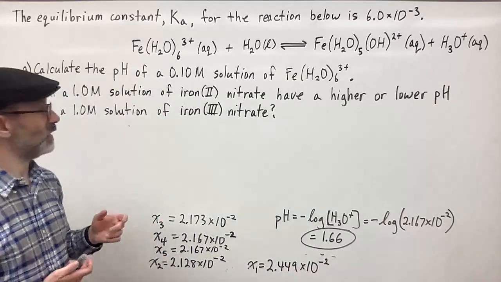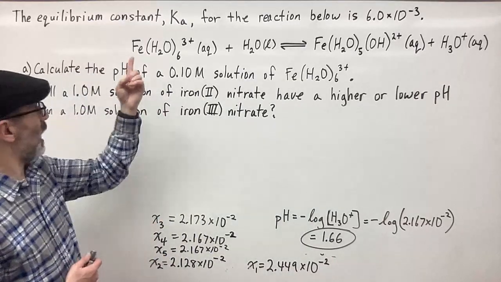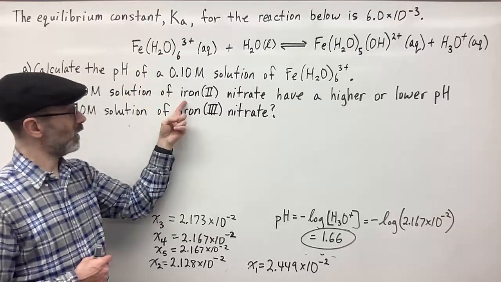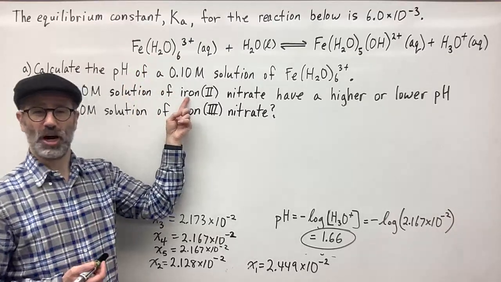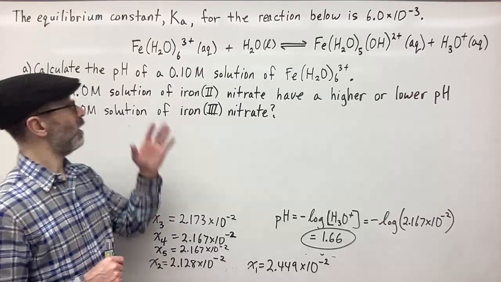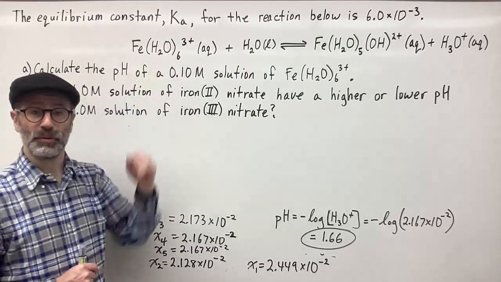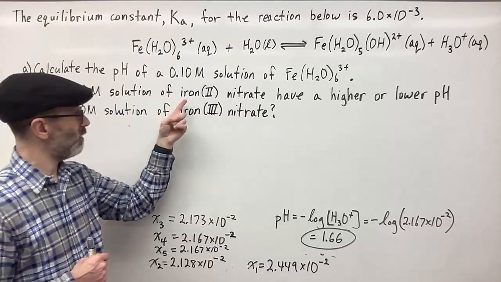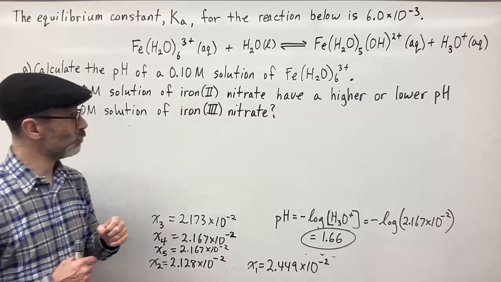And the question is, if the iron forming the complex has a positive 2 charge or a positive 3 charge, would the solution be more or less acidic depending on whether you have an iron 2 ion or iron 3 ion?